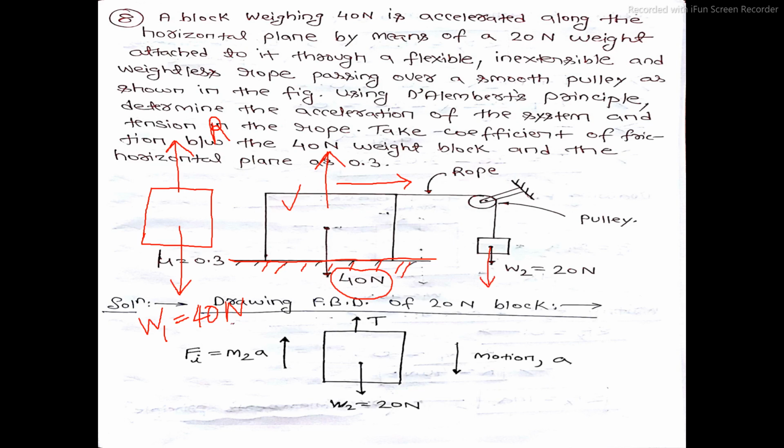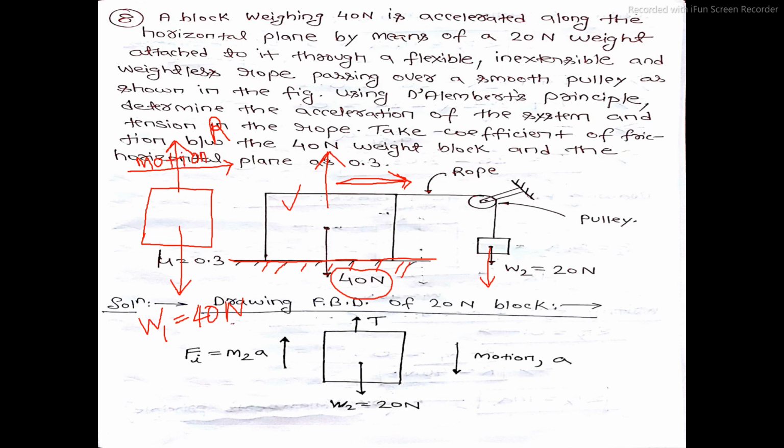Then by the help of this pulley and this rope, this bigger block will move in this direction. That means for this bigger block, this is the direction of motion.